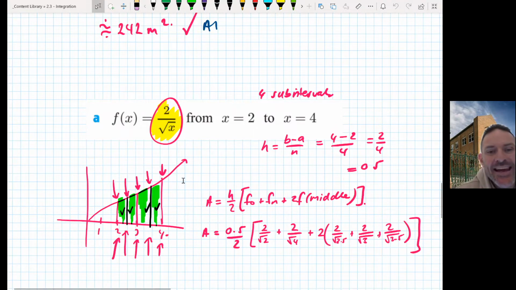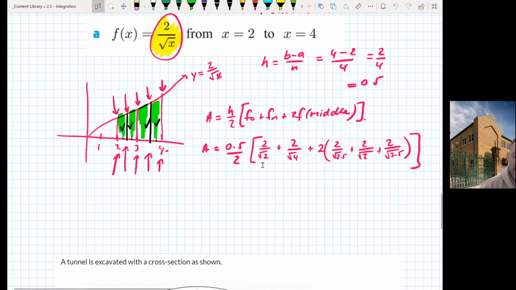Now, this is where it's a slightly harder question because it gave us the rule to find the y values. It didn't start with the y values. Now, it could have given you a table of values, and if it gave you a table of values for this question, it would look like this.